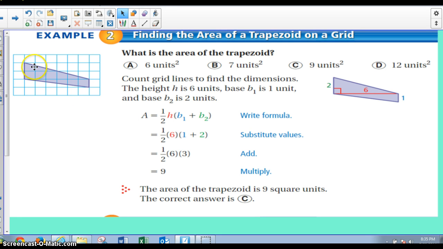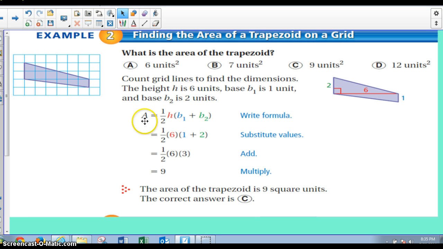But if those are your bases, then your height must go up here for that squared off corner. So your height is 6. 1, 2, 3, 4, 5, 6. Base 1 is 1. Base 2 is 1, 2.